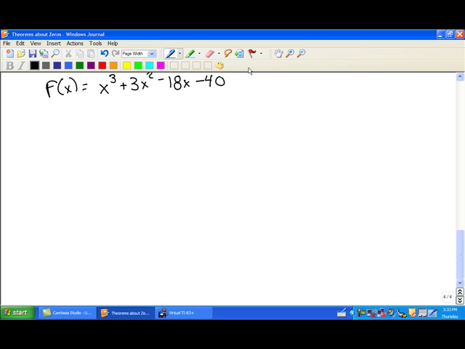Well, since the degree is 3, we know that we're going to find 3 zeros. So I'm going to leave a blank for those 3 zeros. We're also going to show the polynomial in factored form.